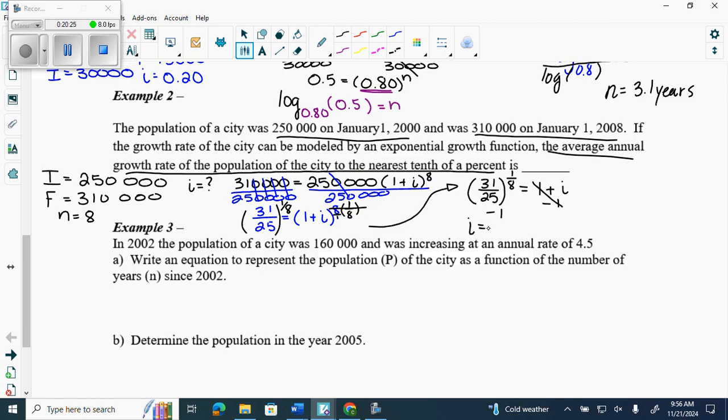So i equals 31 over 25 to the 1/8 minus 1. I want everyone to try and type it into their calculator. If you have a fraction button, use the fraction button. If you don't have a fraction button, how does your calculator know it's a fraction? You put it in brackets. That's how it knows it's a fraction.